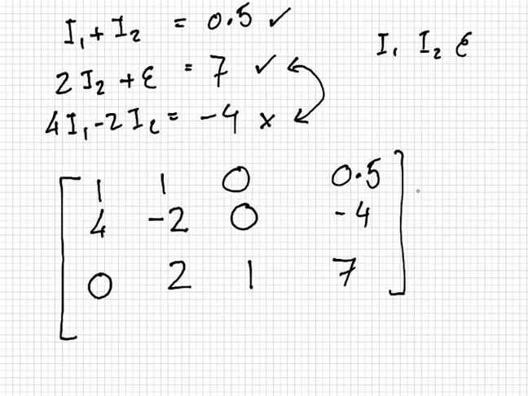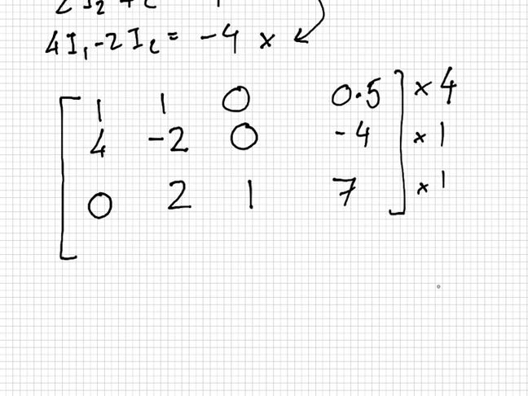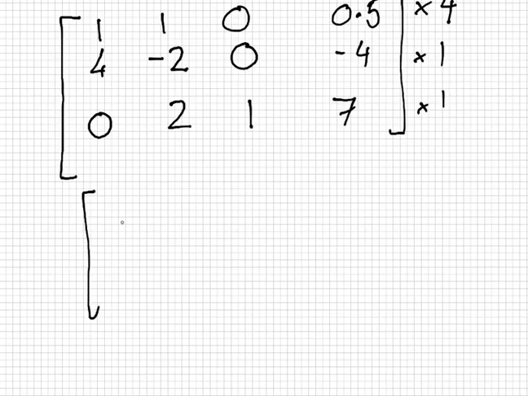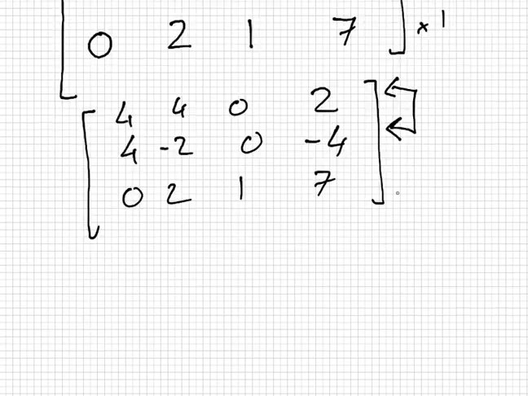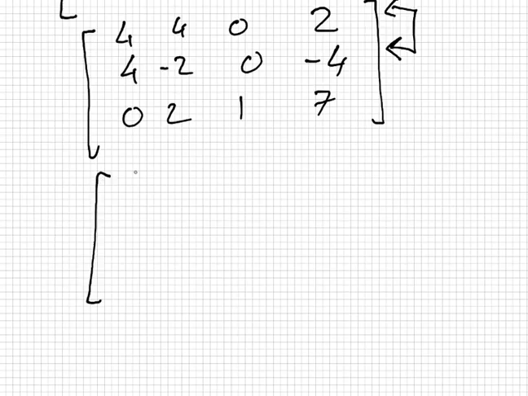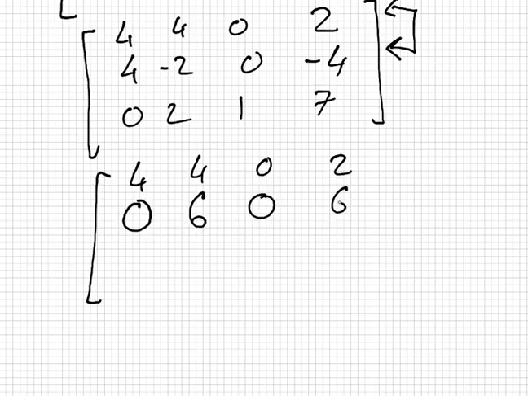Okay. What should I multiply this by? 4. This one, 1. This one, 1. So I get 4, 4, 0, 2. 4 minus 2, 0, minus 4. 0, 2, 1, 7. What do I do here? Subtract, yep. So I get 4, 4, 0, 2, 0, 6, 0, 6. 0, 2, 1, 7.